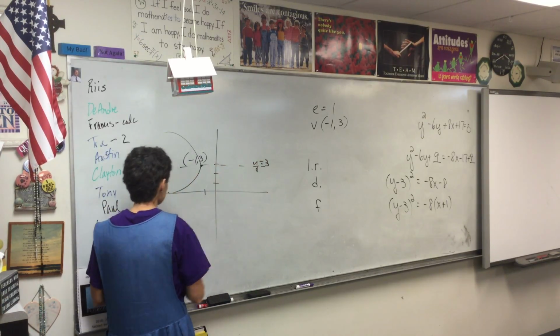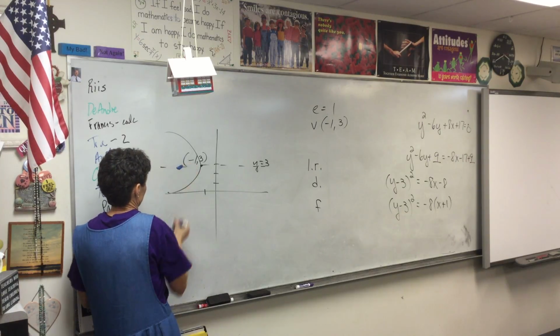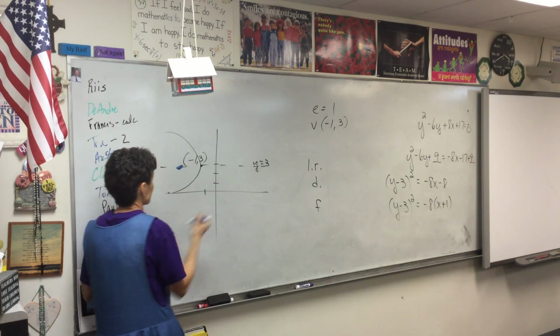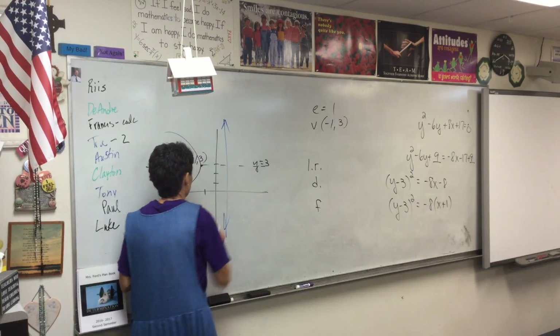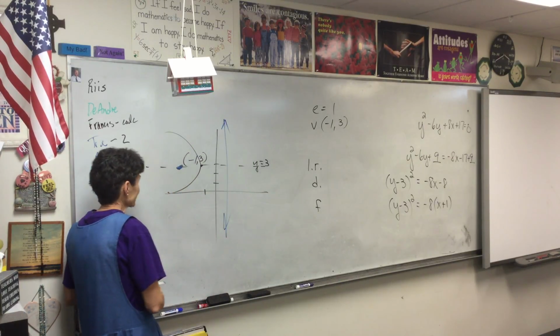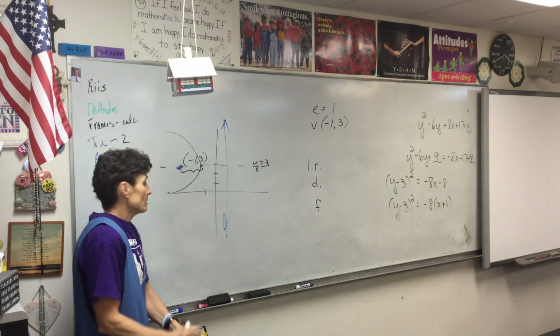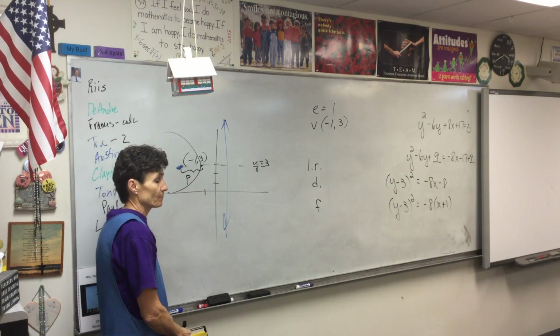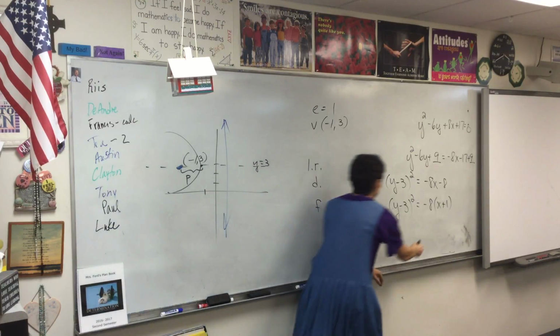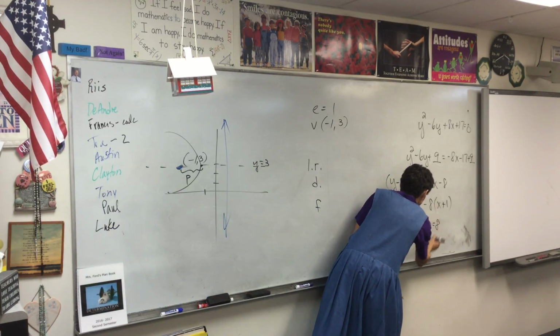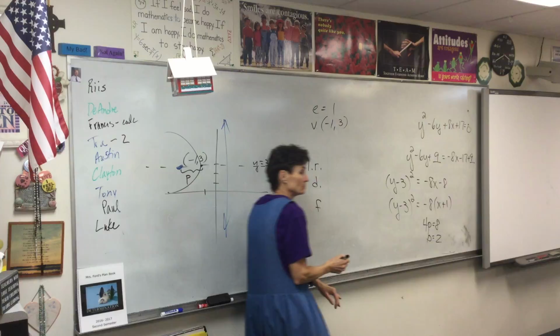Here's my focus, here's my directrix. I've got to figure out where they are. Well, that's easy if I know what that distance is. That distance is P. So in this equation, 4P is 8, so P is 2.